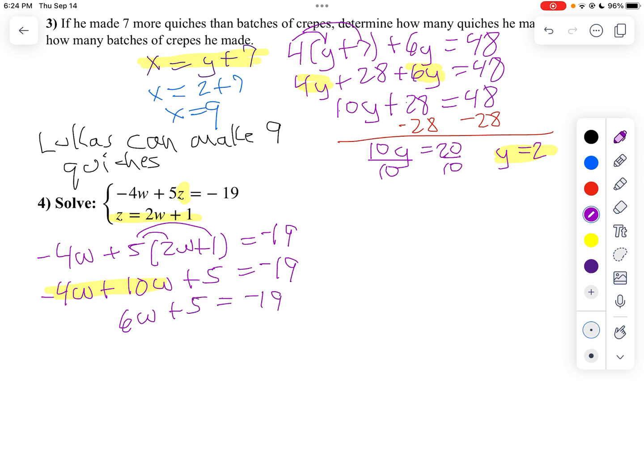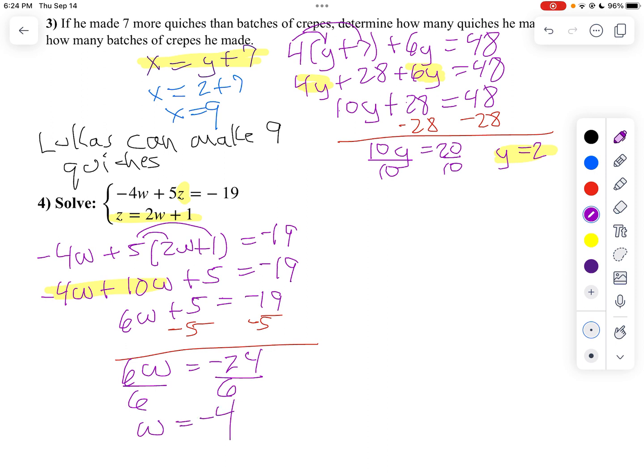I'll move the 5 over, so minus 5 from both sides. And we get 6w equals negative 24. I'll divide both sides by 6. W equals negative 4. So I've got W. Now I want to go back and find Z. And I will use my second equation here again.